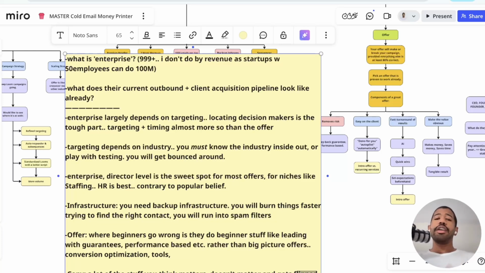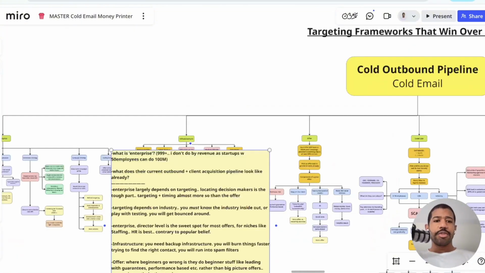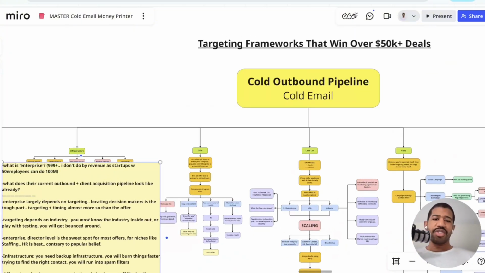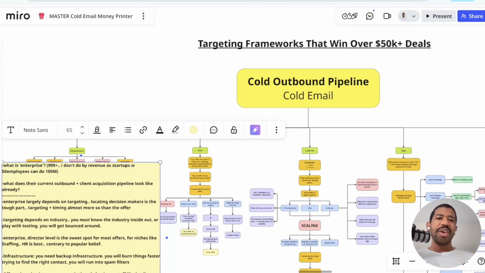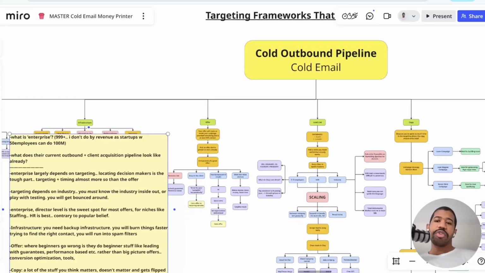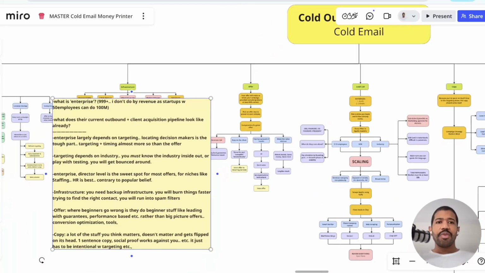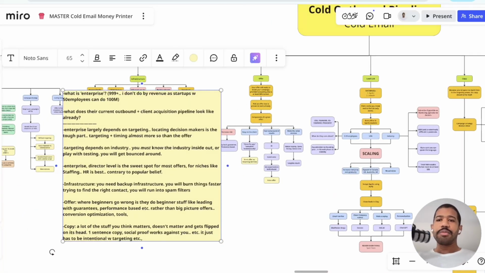So I typically look at headcount, because that typically determines how difficult they are to target, right? And why we're talking about targeting is because we need to figure out who to reach, right? Who has the authority or the veto power over these sizes of deals? We reach the right person, then we're about 80% of the way there.